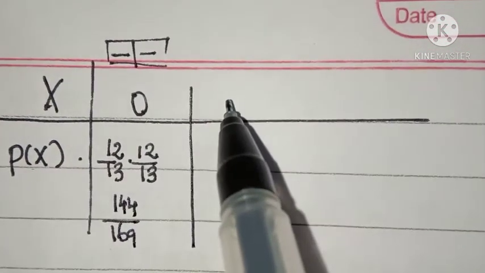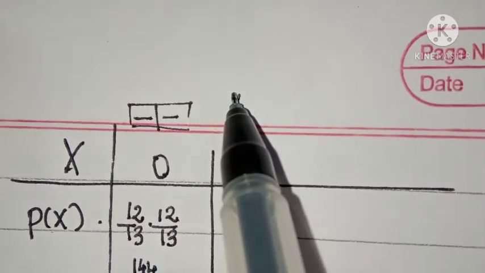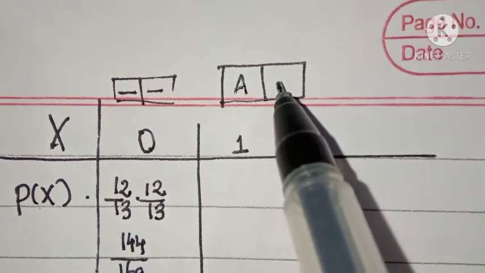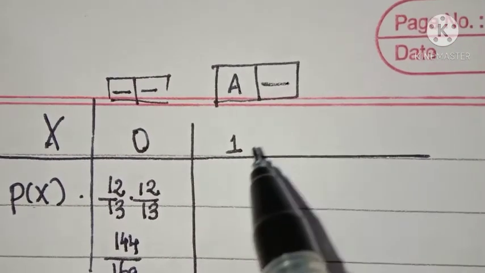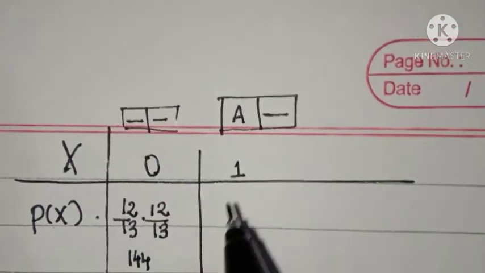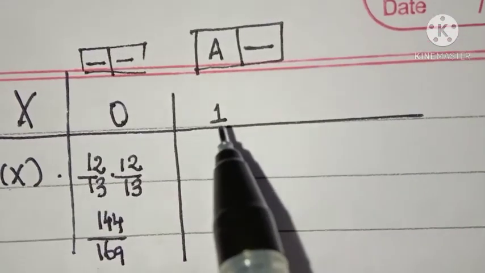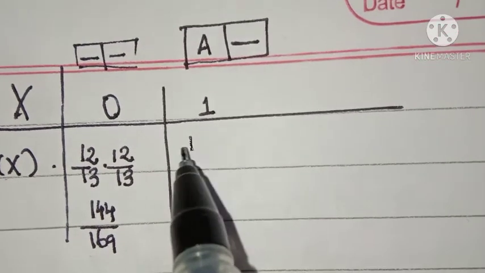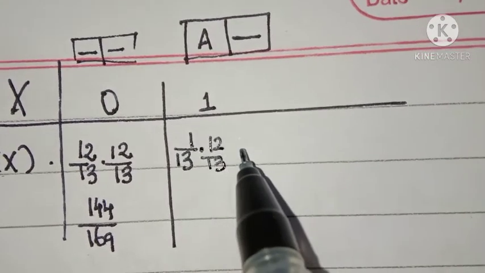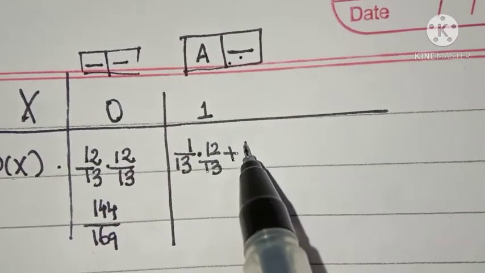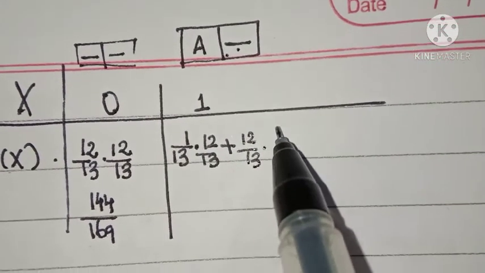Now the second value is X equal to 1. X equal to 1 means in the first draw we get an ace card and in the second draw it is not an ace card, or the other way around. That is the meaning of X equal to 1. So the probability is 1 by 13 into 12 by 13, plus, for the second draw being the ace, 12 by 13 into 1 by 13.